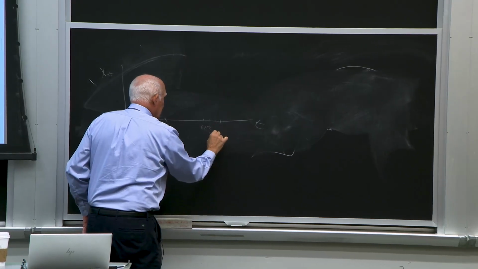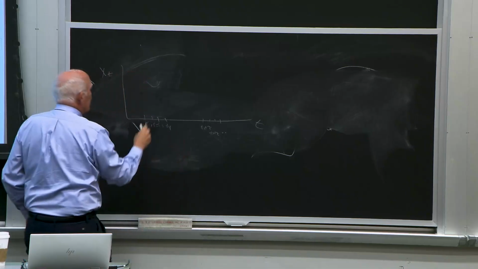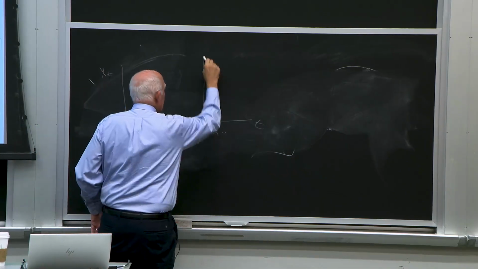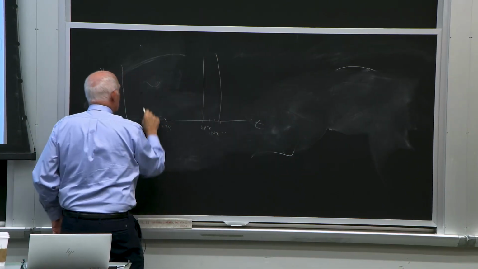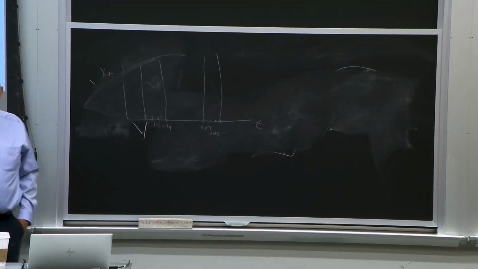So t2 plus tau, and so forth. So in this window and in this window, the distribution of outcomes is the same.